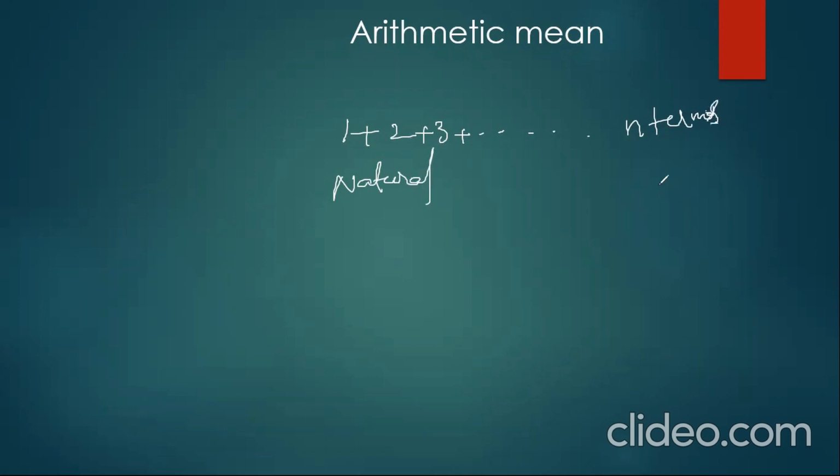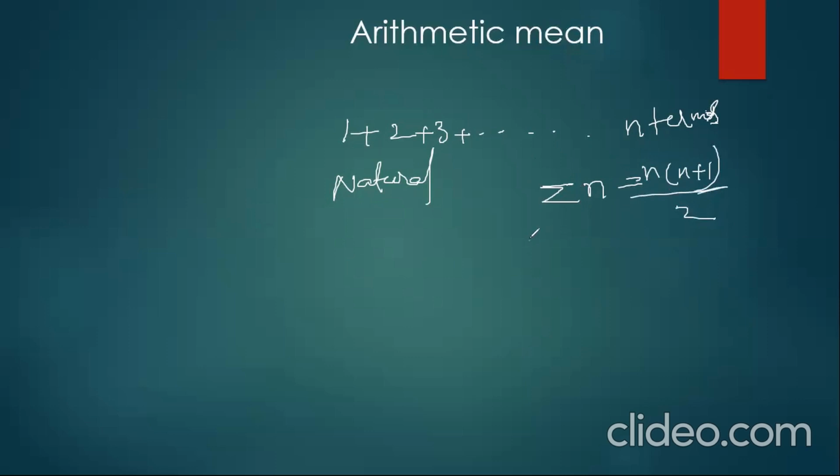You can observe 1, 2, 3 and so on, up to n terms. This can be called sigma because we are adding all the numbers. That's why it can be denoted by the letter sigma, sigma n. Okay, sigma n is equal to n into (n plus 1) by 2.